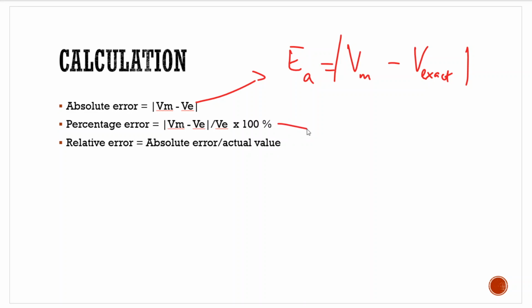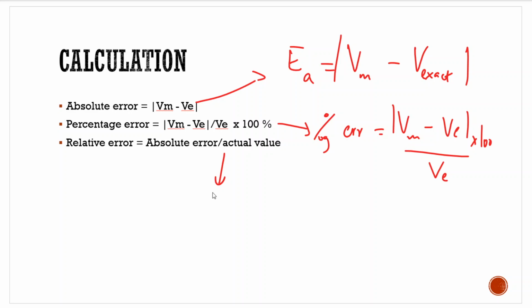As far as percentage error goes, it's Vm minus Ve, again the mod of this, over the actual value multiplied by 100. So that gives you the percentage. And relative error is simply the absolute value of error divided by the actual value.